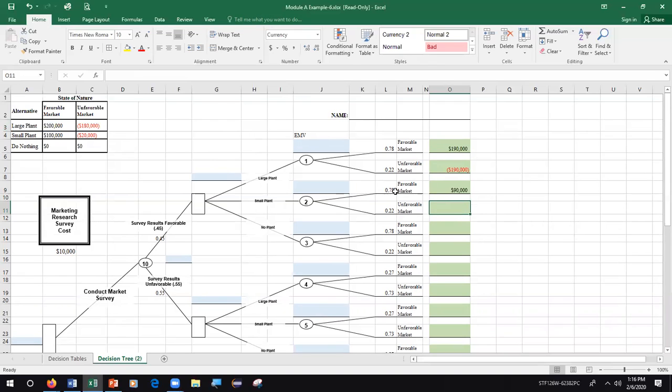Is equal to the unfavorable small plant minus 10,000. Is equal to the do nothing. So that's going to be equal to that. But we already spent 10,000, so we still have to put that in. So that's the 0 minus 10,000. And that's the same on both. 0 minus 10,000.